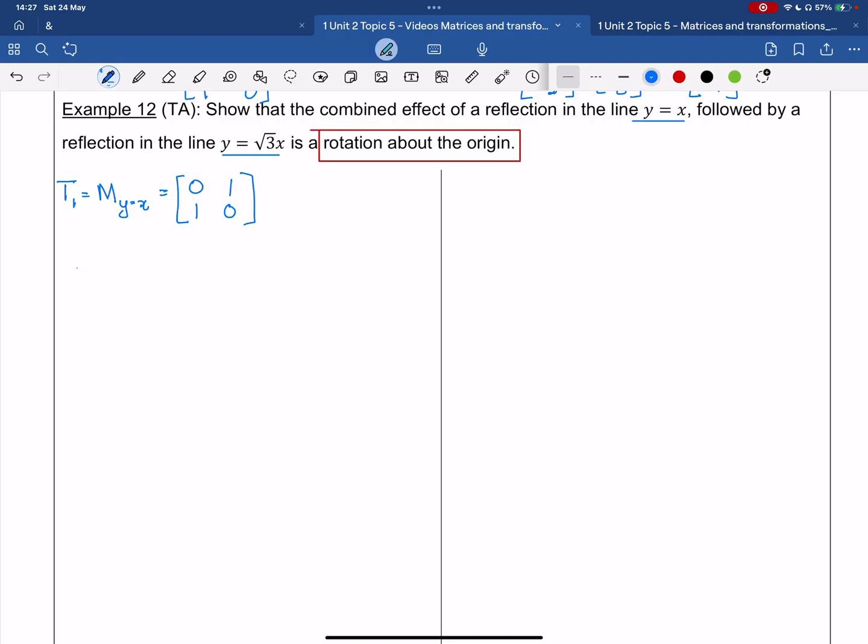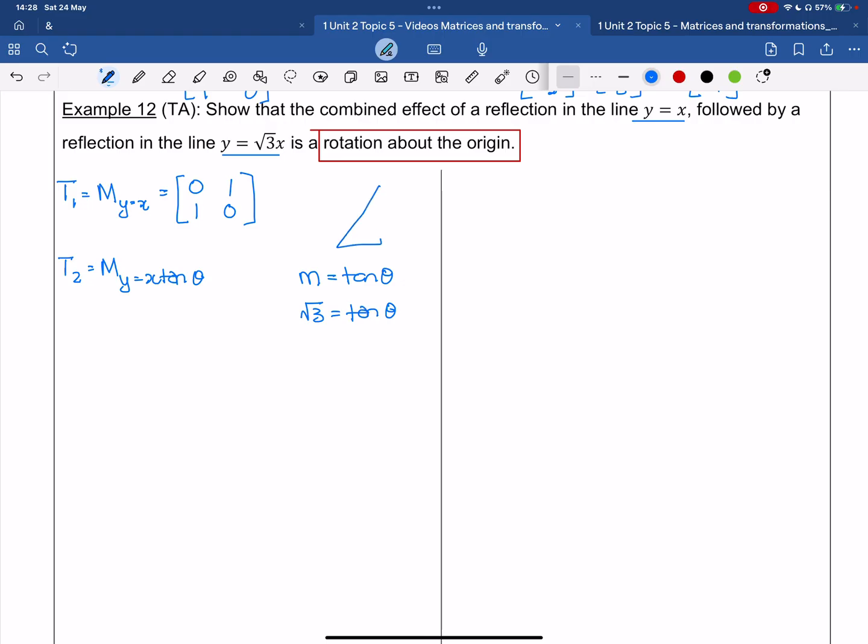Our second transformation is a reflection about the line y equals x tan theta, and we need to figure out what our angle is. We know that m, our gradient, is equal to tan theta, so root 3 is equal to tan theta.